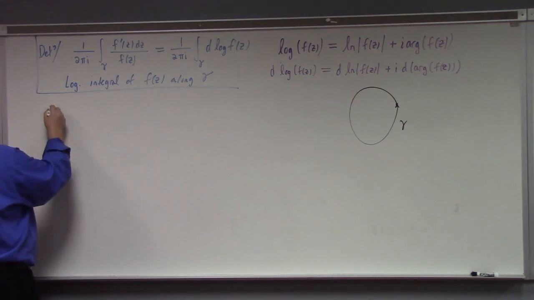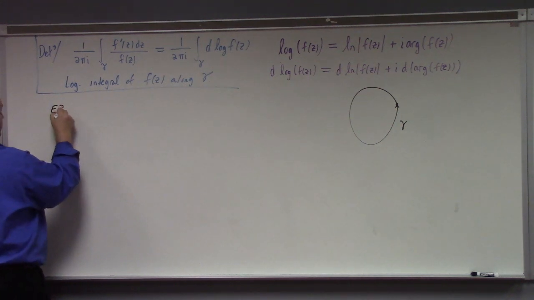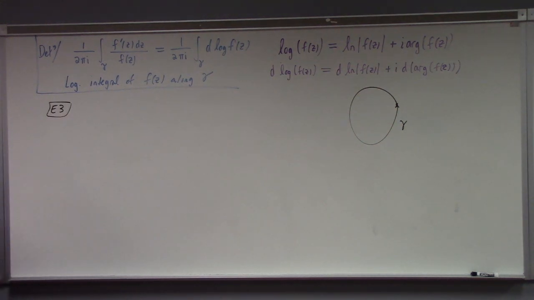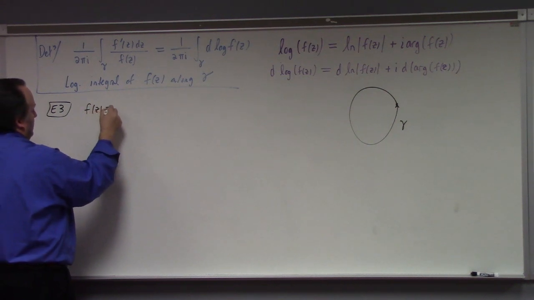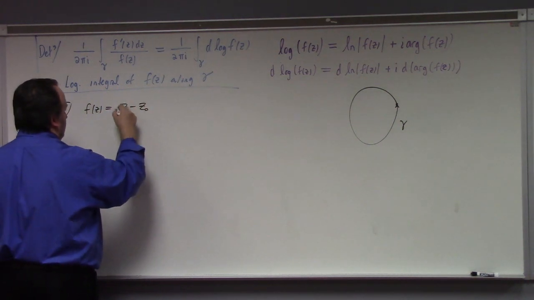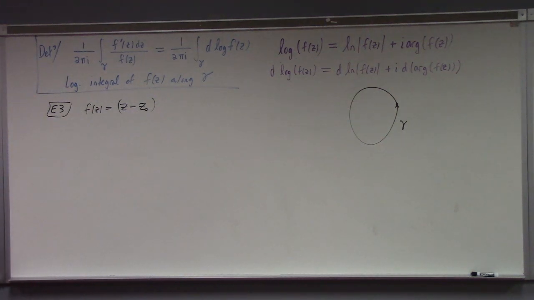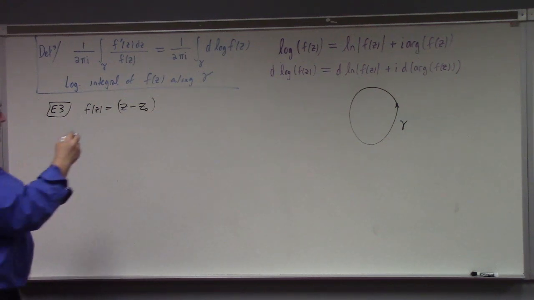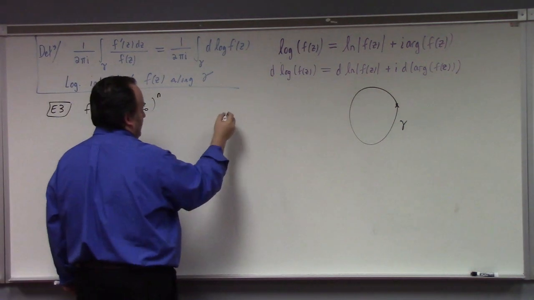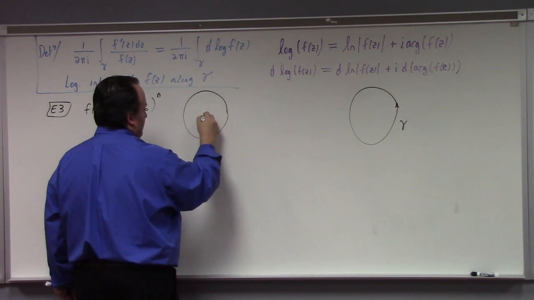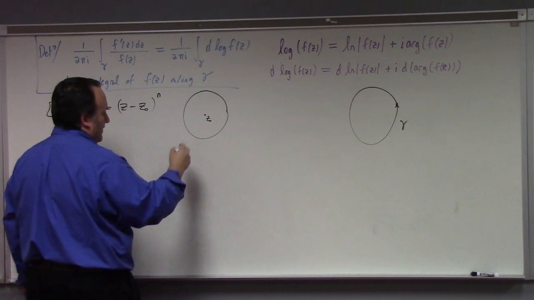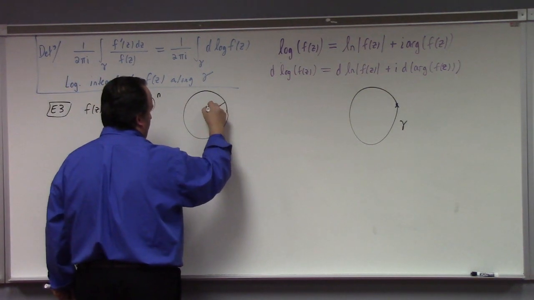So example 3. Let's calculate this integral. And you've had homework on this integral, haven't you? This looks familiar, doesn't it? So what if we take f of z equal to z minus z naught, to the power n, and let's look at the circle centered at z naught and radius r.